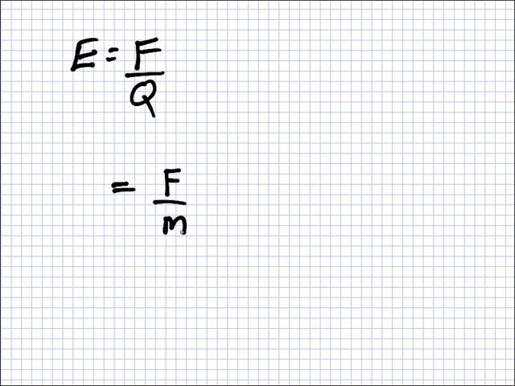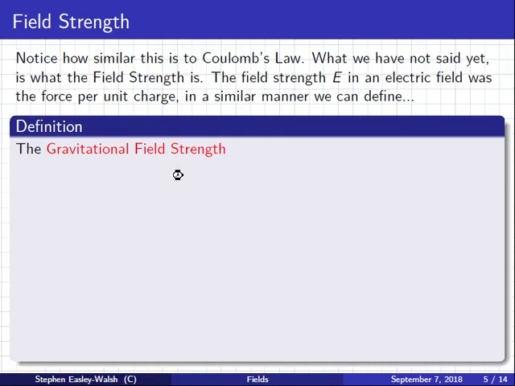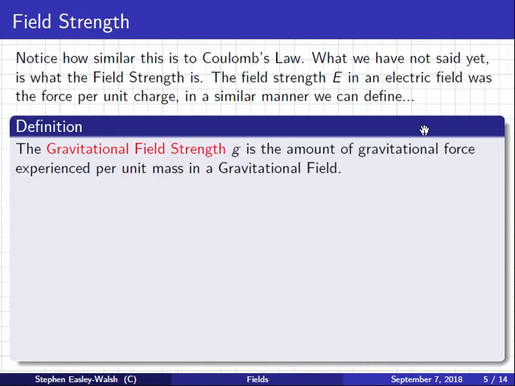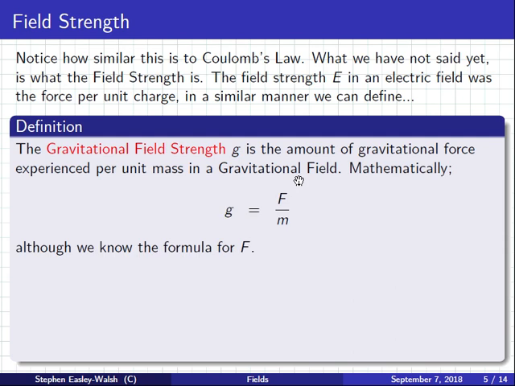So it's F divided by M. The letter we use for the gravitational field strength, that is how strong the field is at a distance out here, is G. So the gravitational field strength, G, is the amount of gravitational force per unit mass in the gravitational field. So mathematically it's G equals F over M.